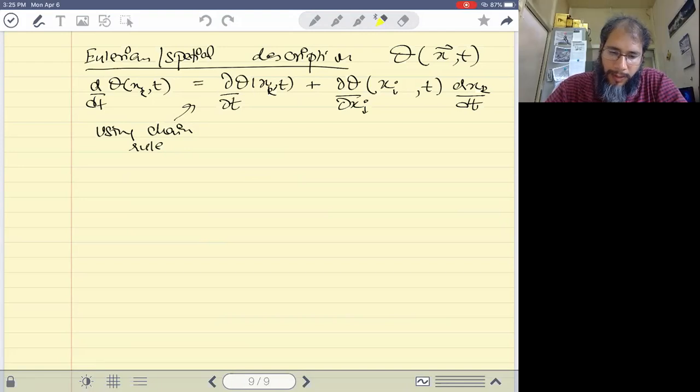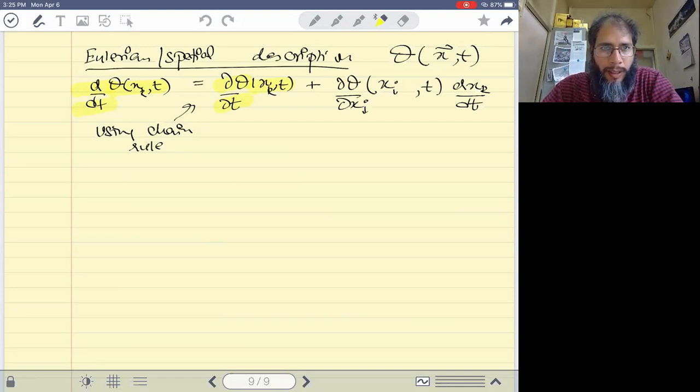So I've written d by dt of theta as the partial derivative of theta with respect to time. And I've used index notation here. Instead of writing the x vector, I've used x subscript k. Okay, so that's the first part.